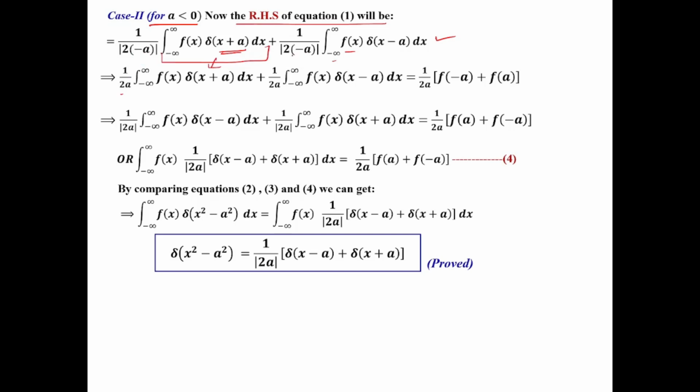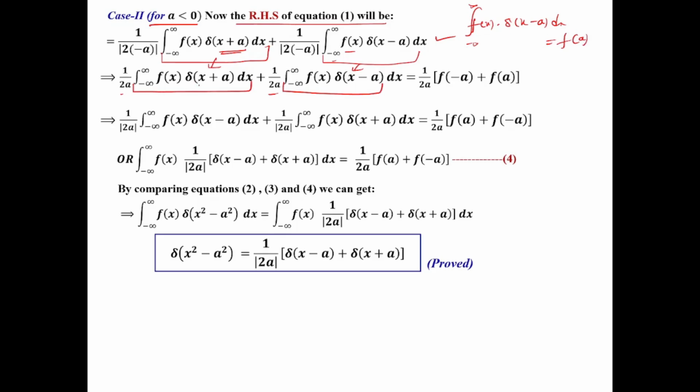Here 1 by 2 minus a mod will be 2a, and this integral as such I have written over here. Now I am going to apply the fourth property on this integral and this integral. According to the fourth property, what we know? Integral of f(x) delta x minus a dx from minus infinity to plus infinity equals f of a, right?